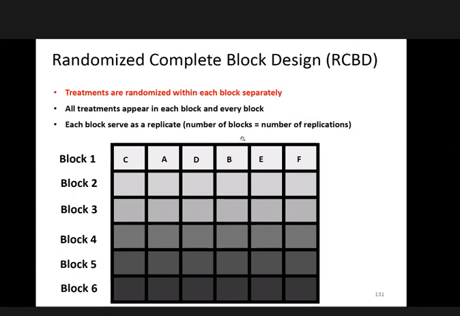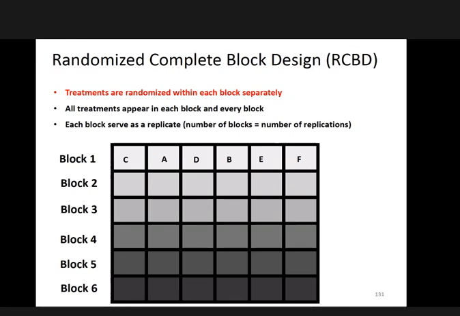May I answer, doctor? Yes, please. Yes, it is a repetition of a treatment under identical conditions in an experiment.